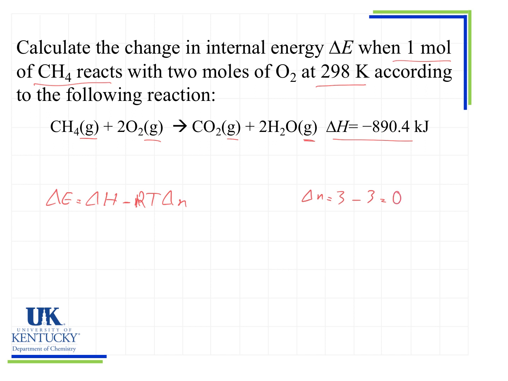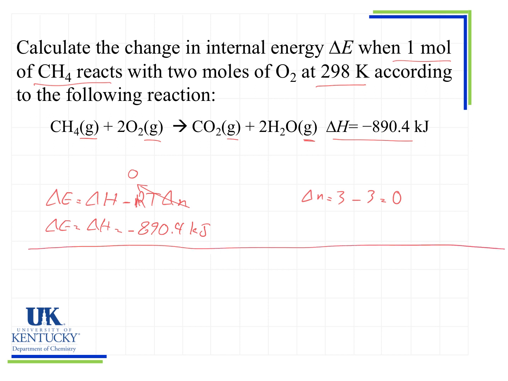Therefore delta N is 0, so this whole term equals 0. So delta E equals delta H, and that is equal to negative 890.4 kilojoule.